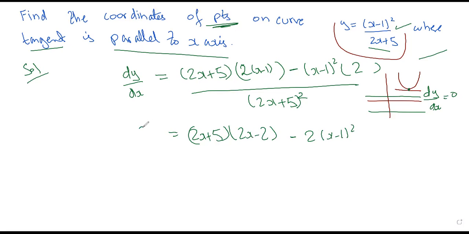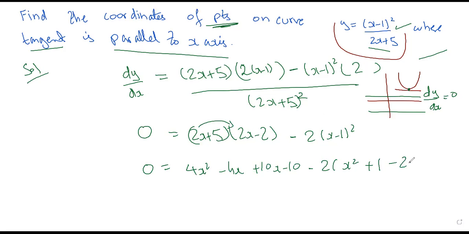Yeah, excellent. 0, okay? So if I take this denominator to this side and multiply it with 0, it would be 0. So now I'm just going to talk about the numerator, right? So yes, 0 equals, expand the brackets. 4x squared minus 4x plus 10x minus 10 minus 2x squared plus 1 minus 2x.